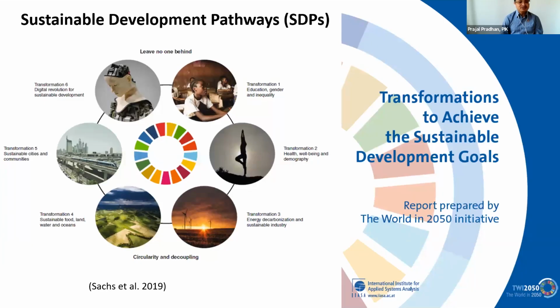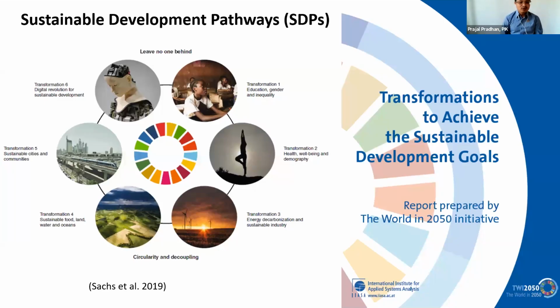communities as transformation areas, and then also with the emergence of digitalization, one also needs to think about this digital revolution, in terms of digitalization and also artificial intelligence and so on, as one of the key components for sustainable transformation, and along this sustainable transformation, one can think about sustainable development pathways.